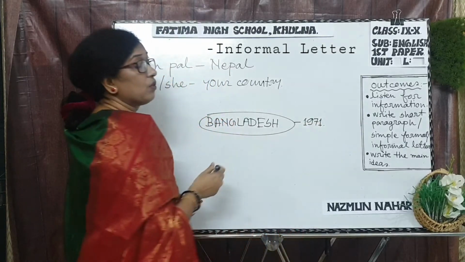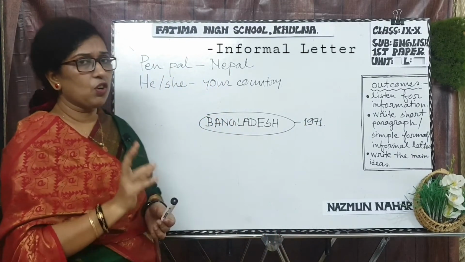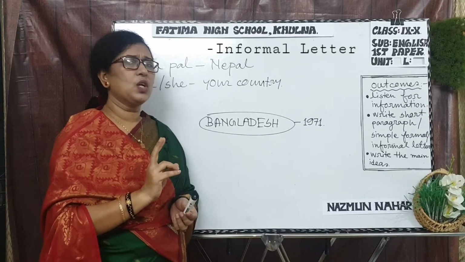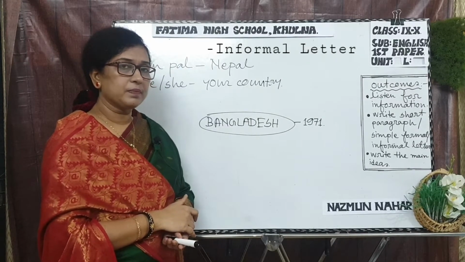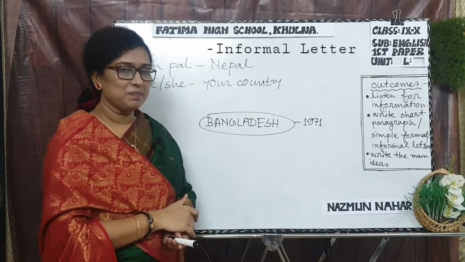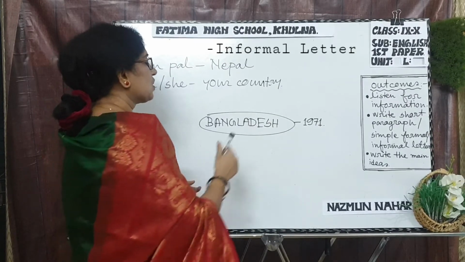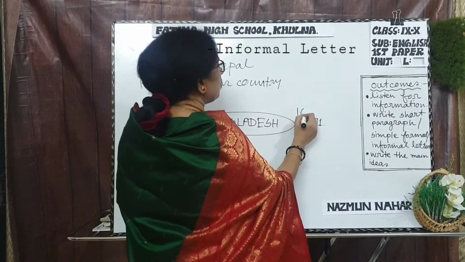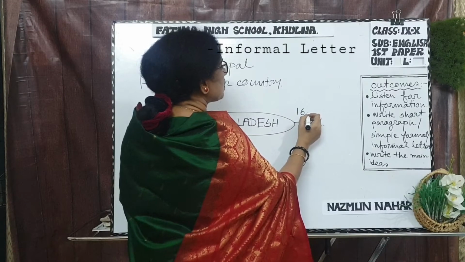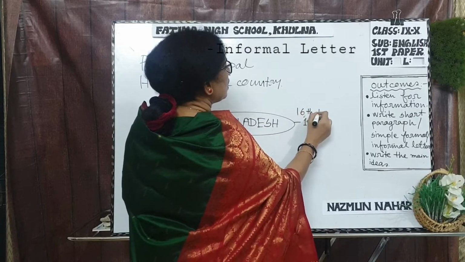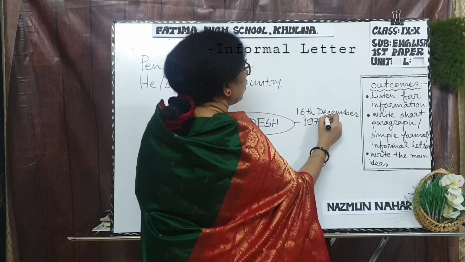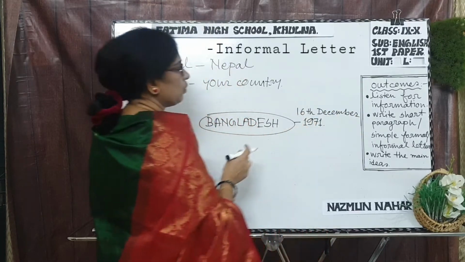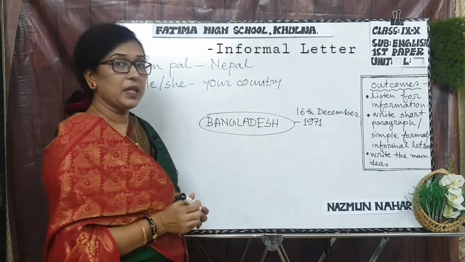If you don't remember the date, there is a confusion between 26 March or 16 December. Which one is our victory day? 26 March? Nope. 16th December. So if you are confused, 16th December, you can write that we got our independence.